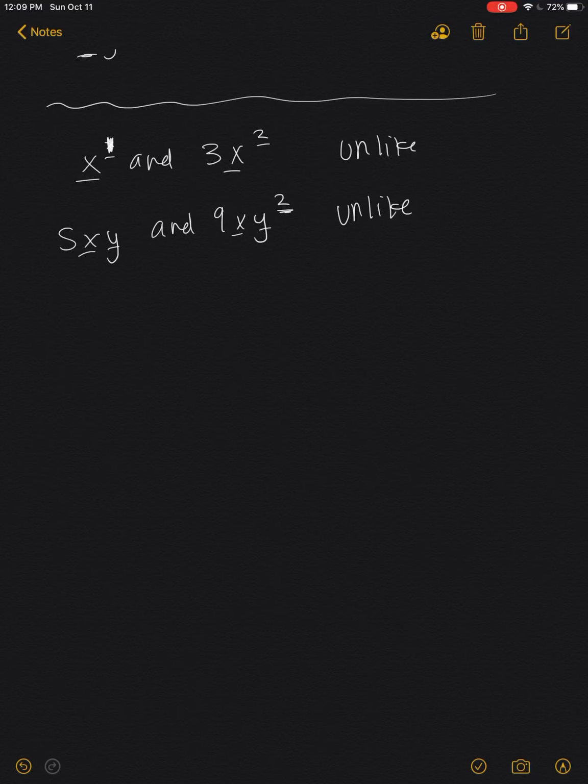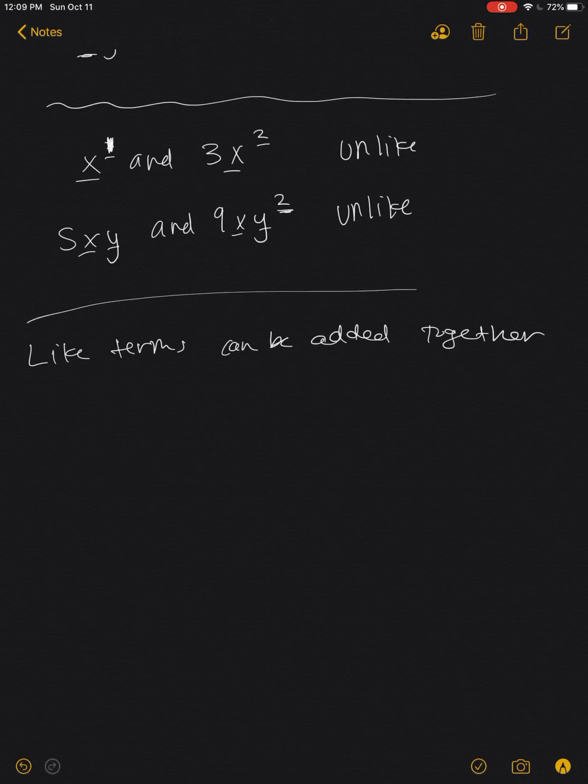Why does it matter to know if terms are alike or unlike? Because we can add together like terms. So this is just adding more into how we simplify expressions, because again, simplifying is so important.